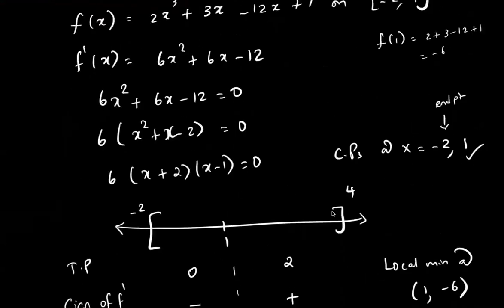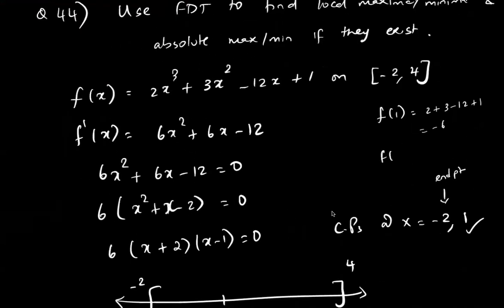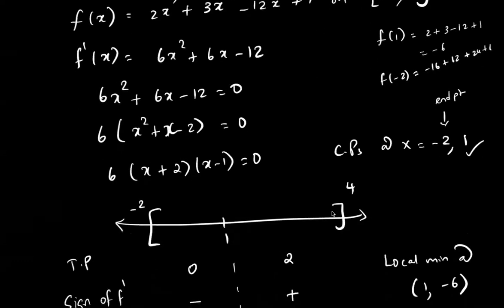So what is f of -2? f of -2 will be -16 plus 12 plus 24 plus 1. Okay, -4, so 20, 25.